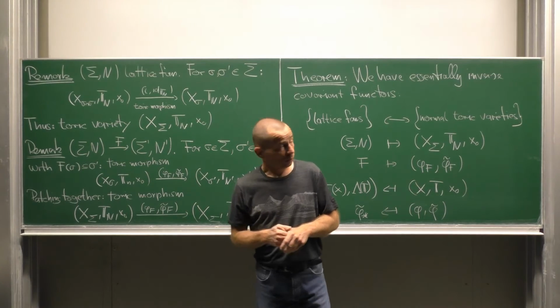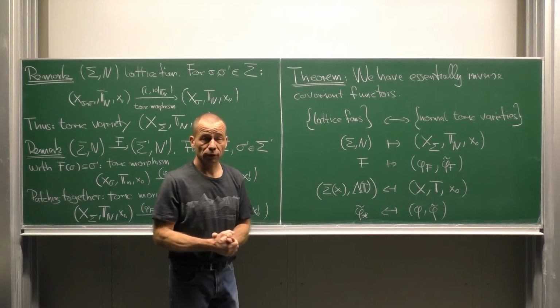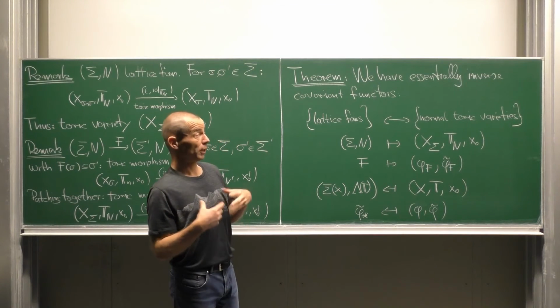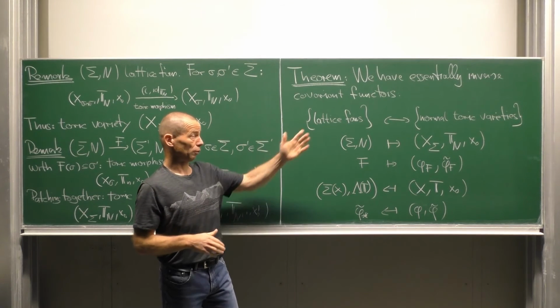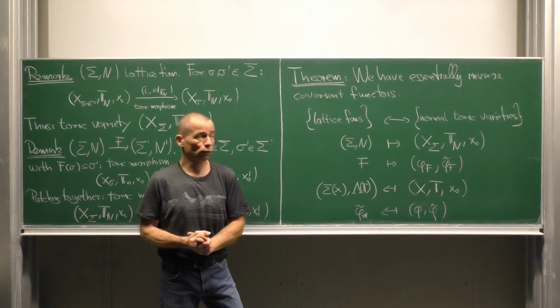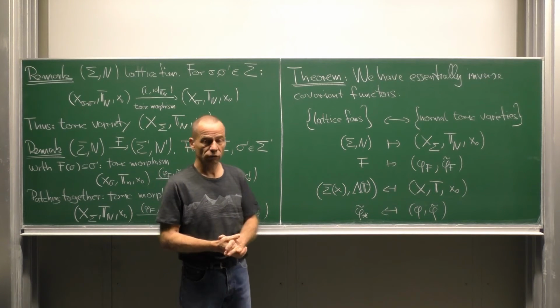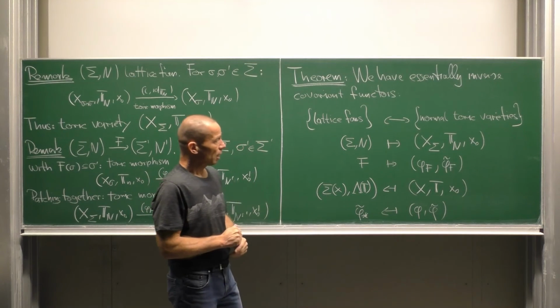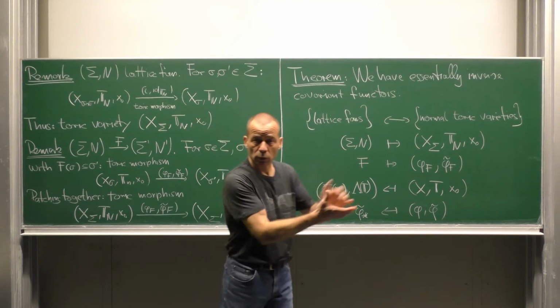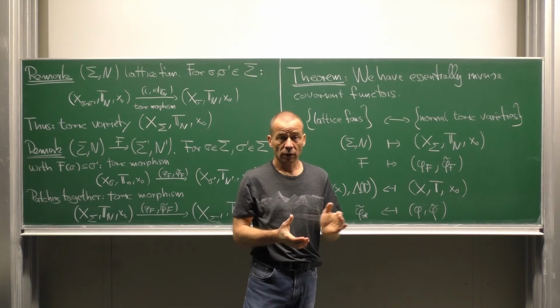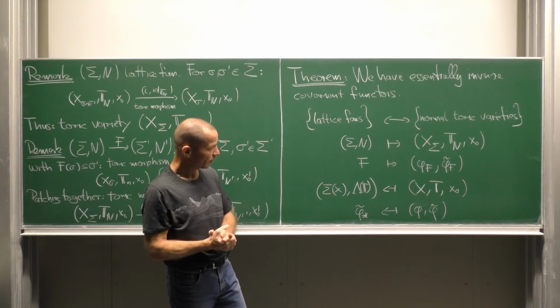Everything we have done can be summarized in the following theorem. It says that we have essentially inverse covariant functors from the world of lattice fans to the world of toric varieties and back. From the lattice fan side, we just do the construction performed some minutes ago.